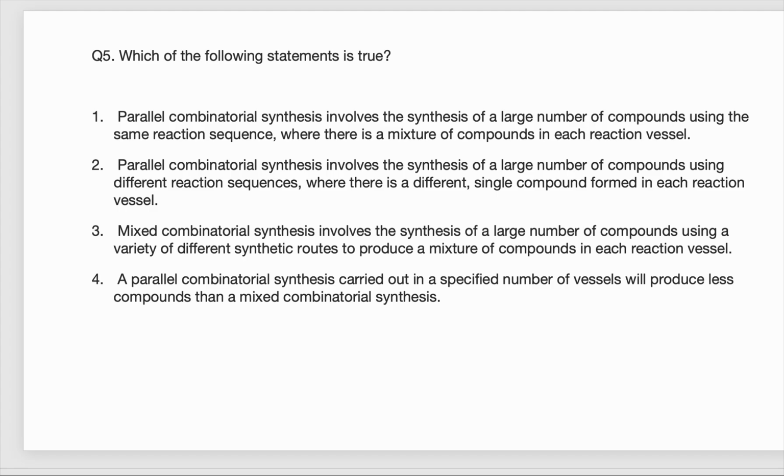Number 1. Parallel combinatorial synthesis involves synthesis of a large number of compounds using the same reaction sequence, where there is a mixture of compounds in each reaction vessel. Number 2. Parallel combinatorial synthesis involves the synthesis of a large number of compounds using different reaction sequences where a different single compound is formed in each reaction vessel.